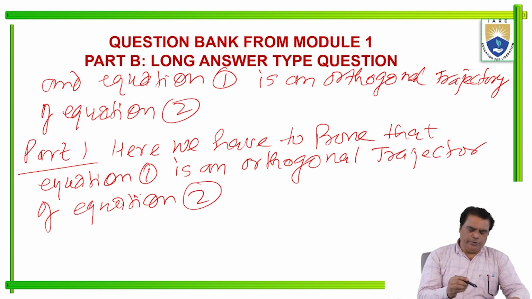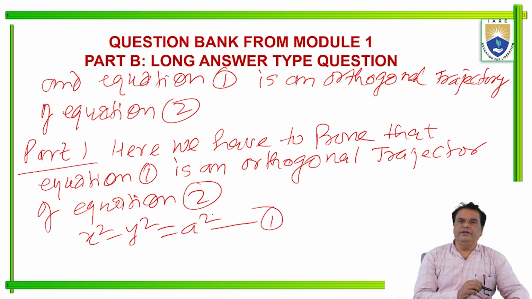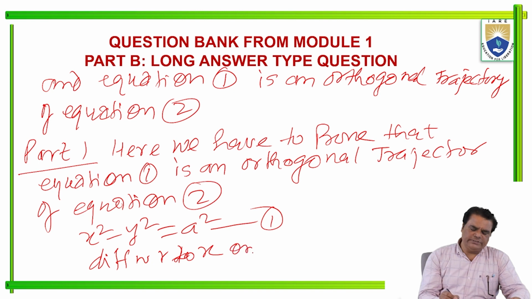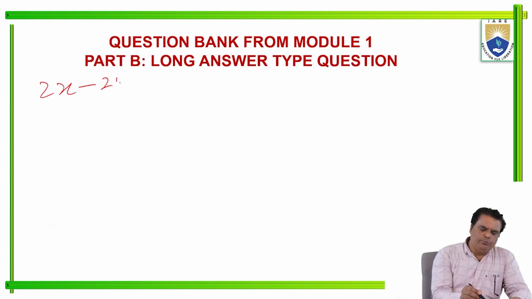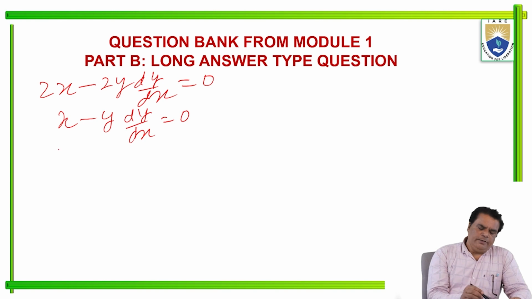Okay. So here x square minus y square equal to a square, this is equation 1. Differentiating with respect to x on both sides, then we get 2x minus 2y dy upon dx is equal to 0. So x minus y dy dx is equal to 0, so x equal to y dy upon dx.